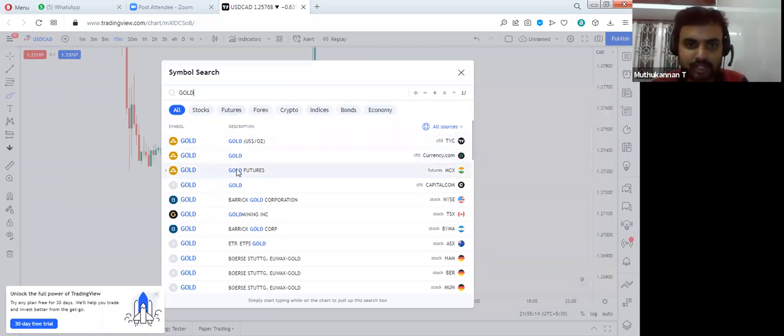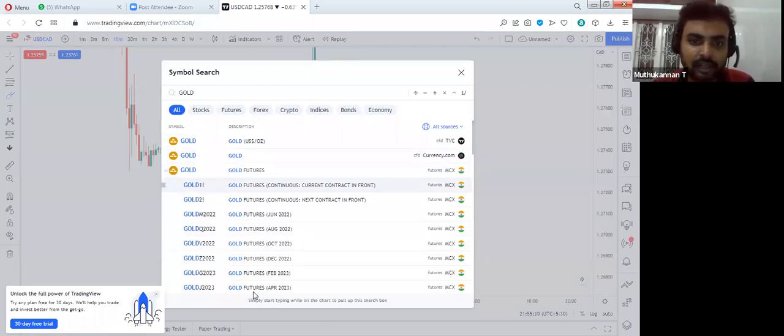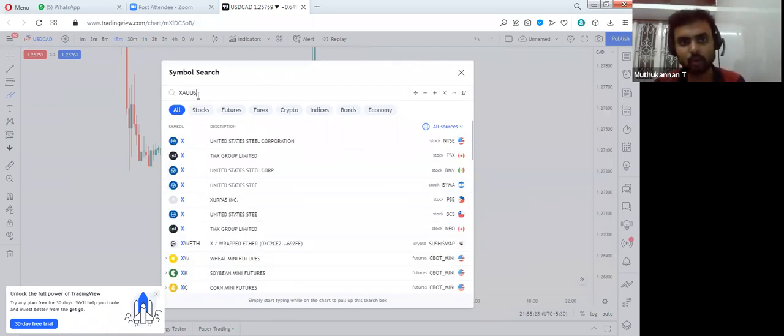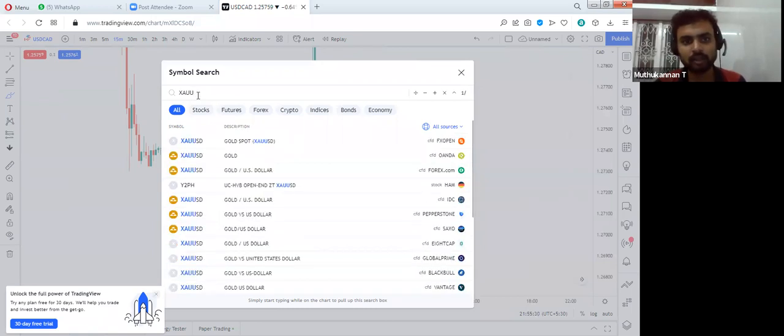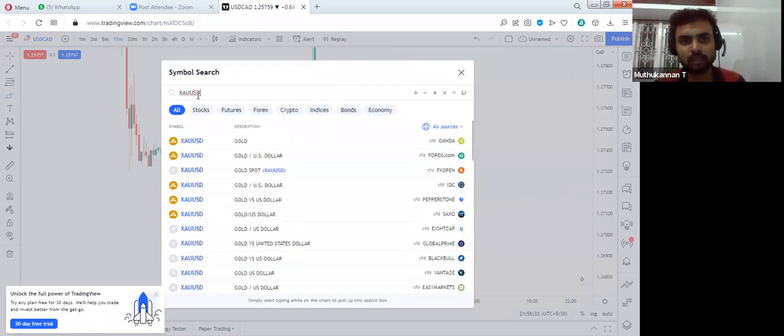This is not a gold chart, this is a gold futures chart. And what is the spot? Gold spot, I can say XAUSD is gold spot. This is a gold spot market. I'm not sure whether it is a spot market or not, but I can tell you that the gold futures chart is derived from here.